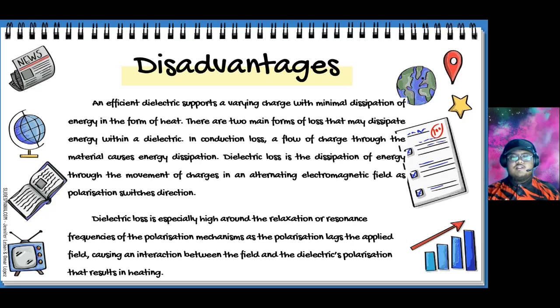The dielectric loss is dissipation of energy through the movement of charge in an alternating electromagnetic field as the polarity switches direction. The dielectric loss is especially high around the relaxation or resonance frequency of the polarization mechanism, such as polarization lag. The applied field causes an interaction between the field and the electric polarization that results in heating.